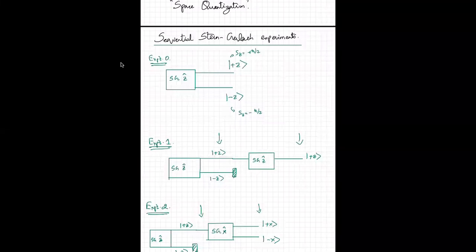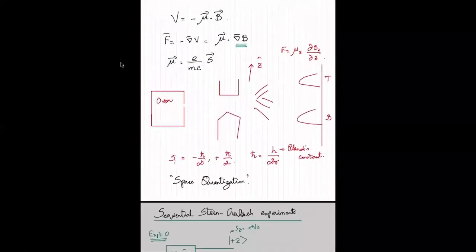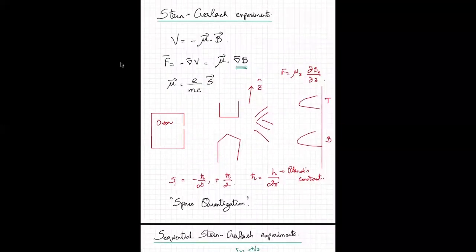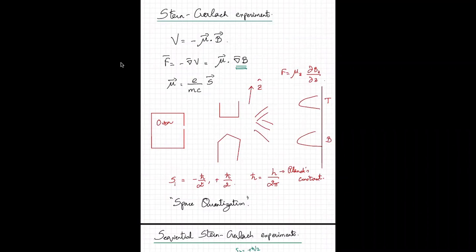We started by constructing what are called sequential Stern-Gerlach experiments. So what is a Stern-Gerlach experiment? You let silver atoms escape from a hot oven, and you put in an inhomogeneous magnetic field that has a z component. And the force that acts on the silver atoms would be given by mu times dB/dz.